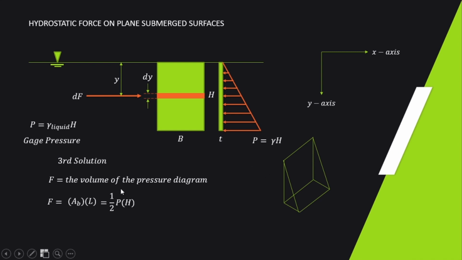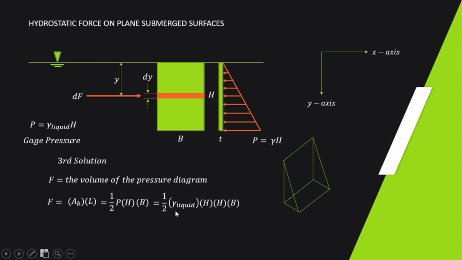So meron tayong 1/2 times P times H. Ito yung area of the triangle kasi meron tayong base na letter P times H din kasi meron pa tayong H dito. So 1/2 times P times H, that is the area of the base natin, times yung length niya for the pressure diagram. Ito yung B or the width of our plate.